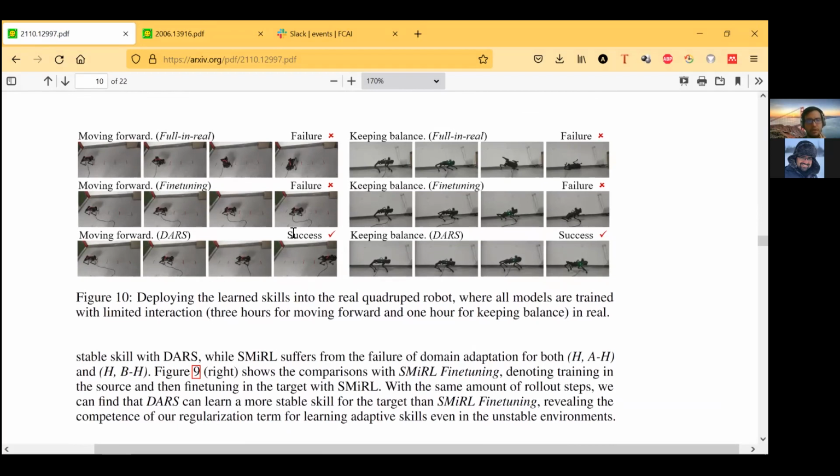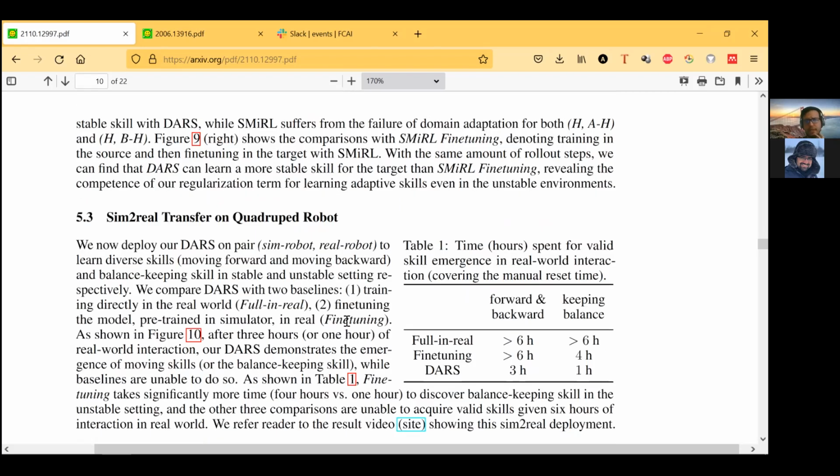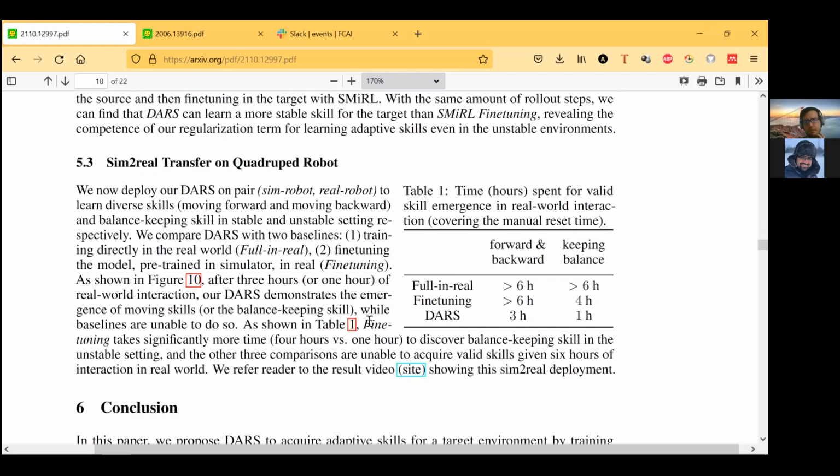So here the goals, I think they only had 2 goals, which ended up being walking forward and backward. I don't know how clear it is what they compute, but it just shows that you need fewer samples if you follow this than if you fine-tune directly.